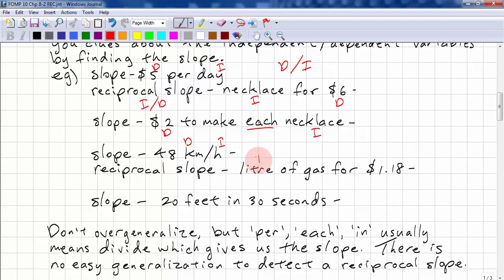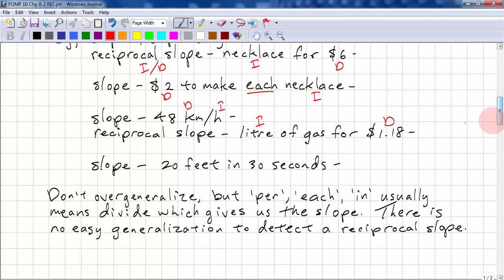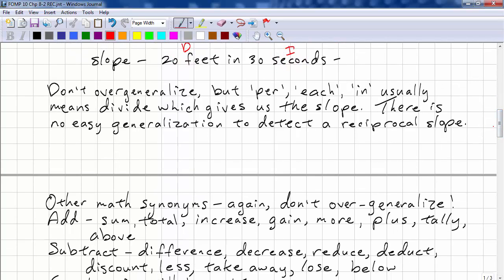So we have independent and dependent. Finally, 20 feet in, this is also a divide. So this is dependent over independent. So don't overgeneralize, but generally per each in usually means divide, which gives us the slope. And there's no easy generalization to detect a reciprocal slope.